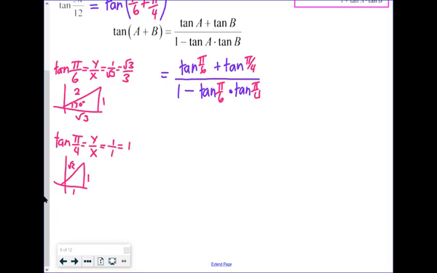Okay, let's put those values into this work here. When I see the tangent of pi by 6, I'm writing root 3 over 3.